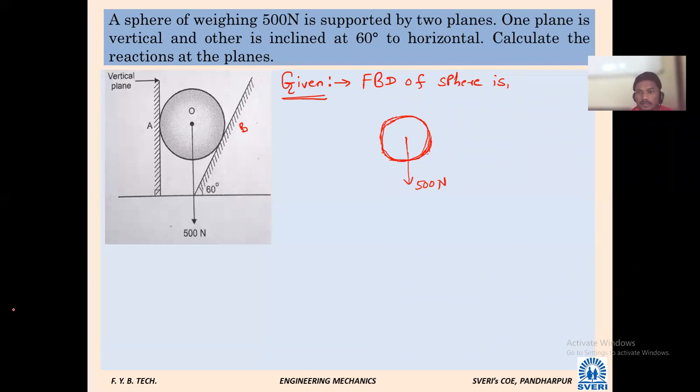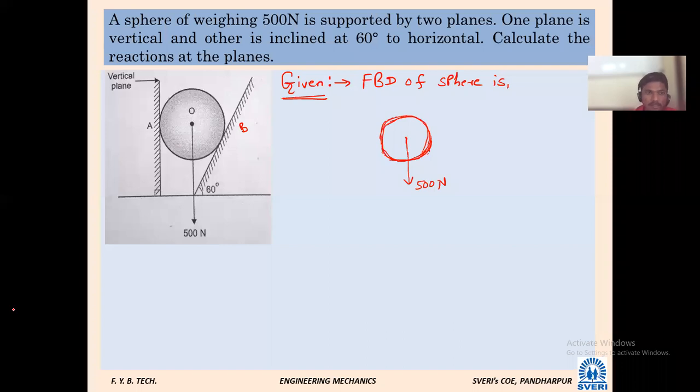Okay. So how reactions will be there? What about reaction at point A, which is vertical plane? Horizontal toward us. Whatever logic we have seen just before.